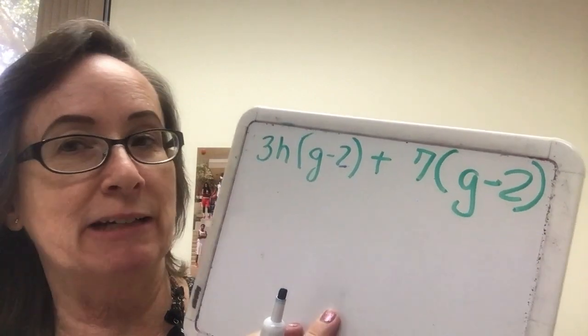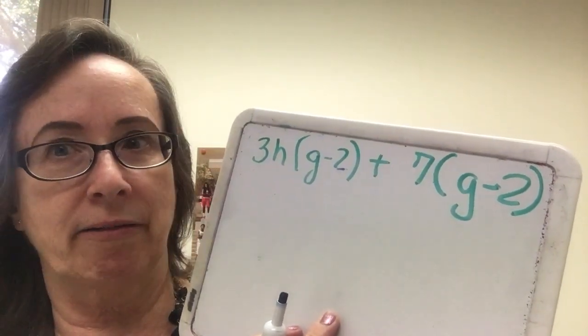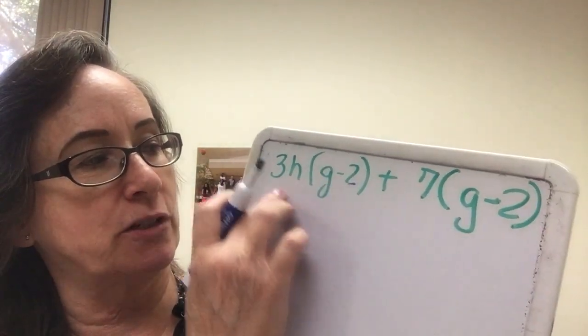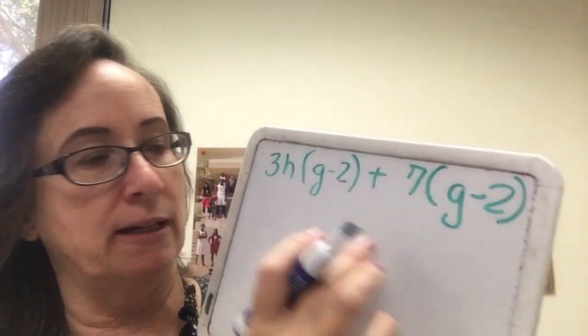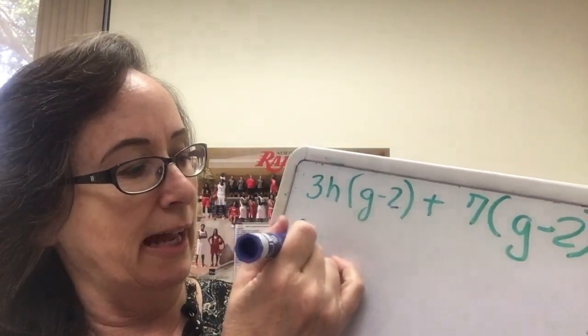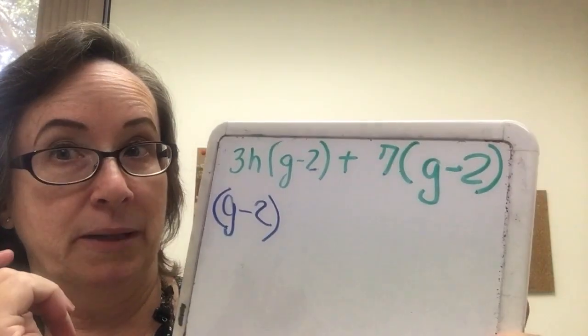When we're factoring by grouping, we're basically going to be pulling out a greatest common factor. But can you see that this first batch here has a g minus 2 and the second batch over here has a g minus 2, so that I have a g minus 2 in common.